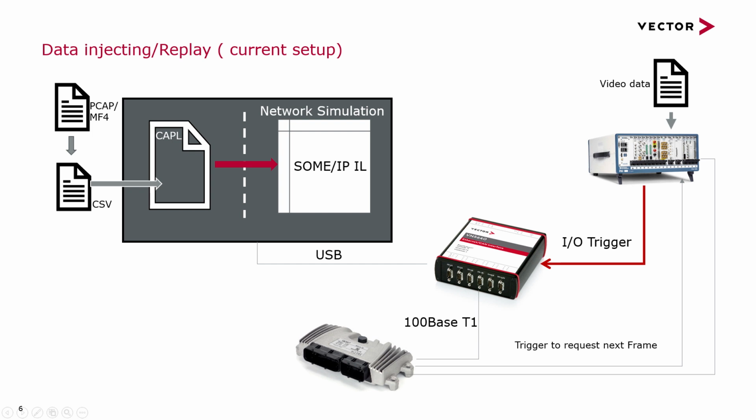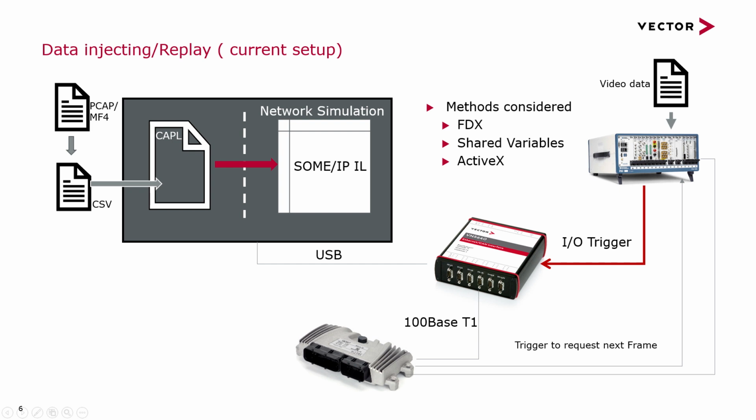So the NI setup would set this digital input to high, which would then be read within the CAPL setup, and then this would set a number of different timers, which would ultimately start copying the different data sets into the signals. Signals are then handed over to the network simulation, which are then packaged, of course, into the PDUs by the SOME/IP injection layer for the normal data transmission.